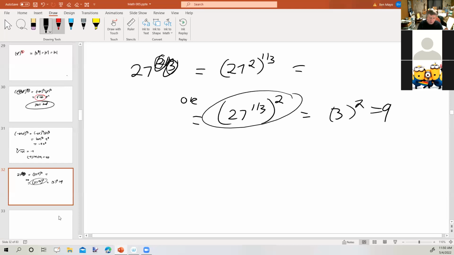Now, I could do these on my calculator, and it wouldn't matter either way. I could go 27 raised to the 2 divided by 3 power, and I should get 9. But I'm just saying by hand, you could do the root first, and it would be easier than doing the power first. Okay with that? Well, we'll find out, I guess. All right.